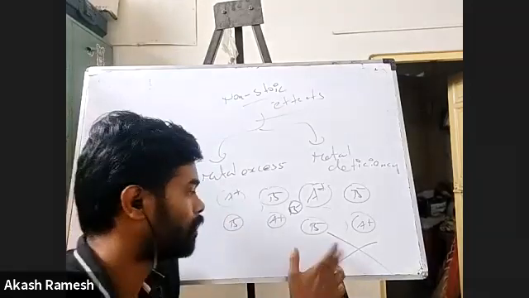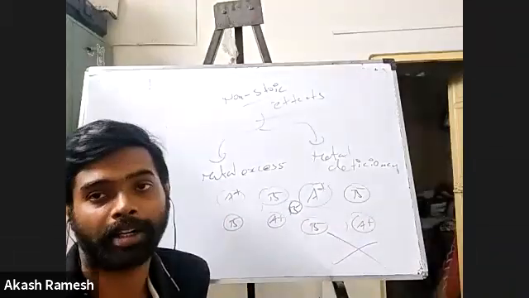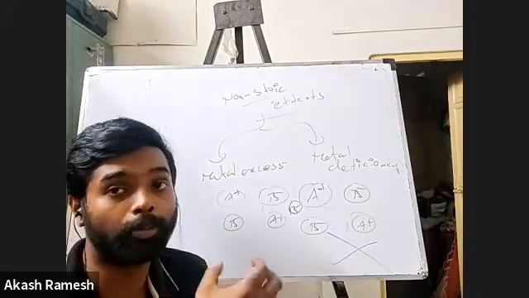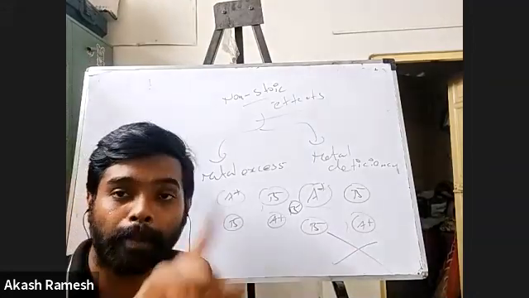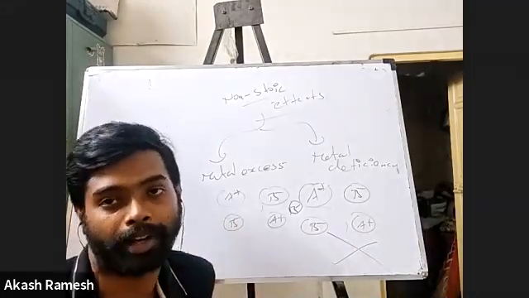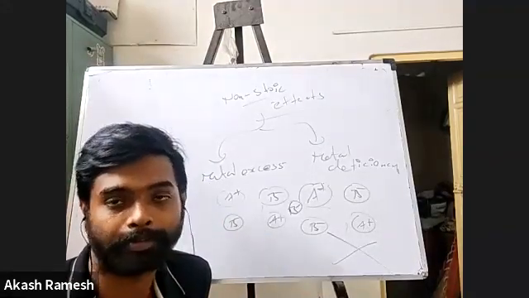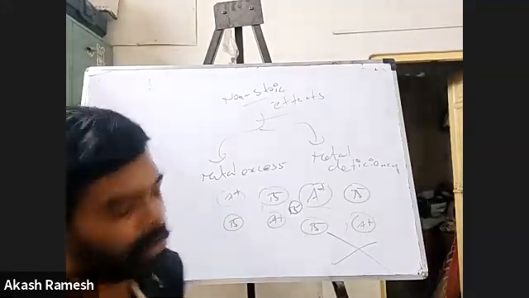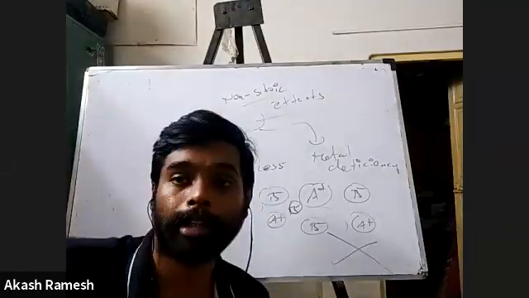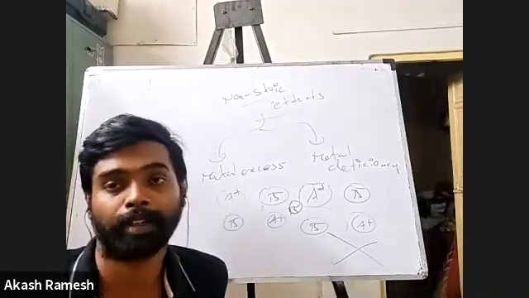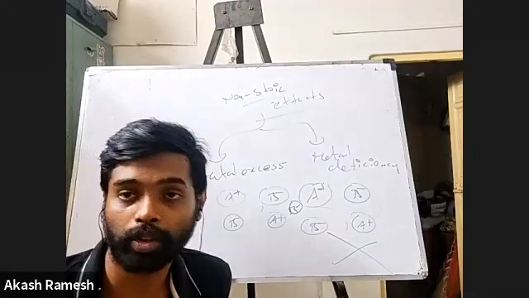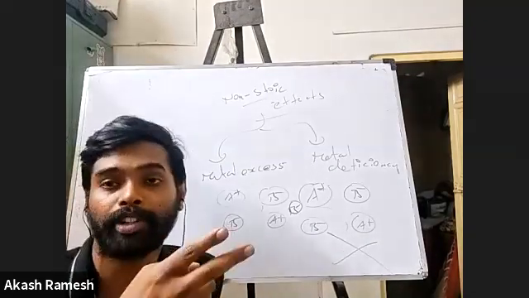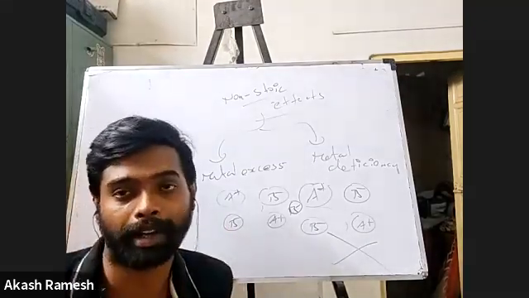That is why we don't see this happening in reality. But the other one you saw, removal of an A plus and the other A plus becoming A2 plus, is possible in reality. This is not possible in reality. So that is about all the types of defects we see: Frenkel, Schottky, metal excess, 2 types, metal deficiency, 2 types, but only one is going to happen in reality.